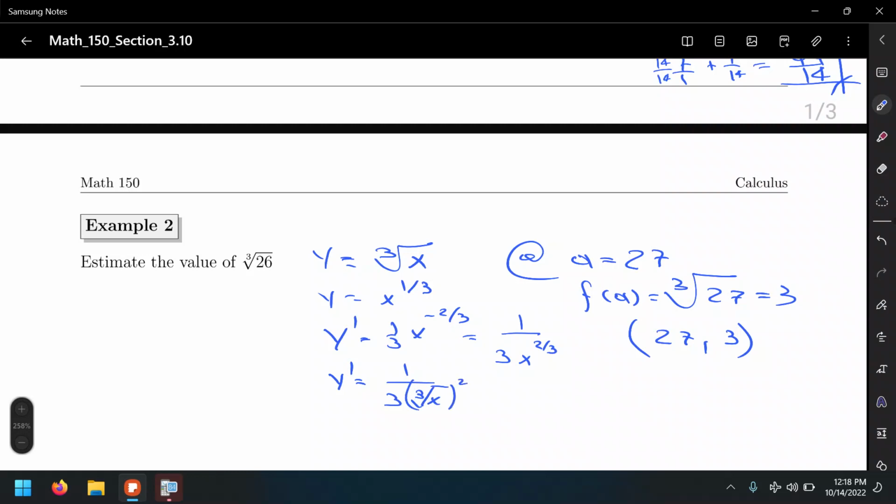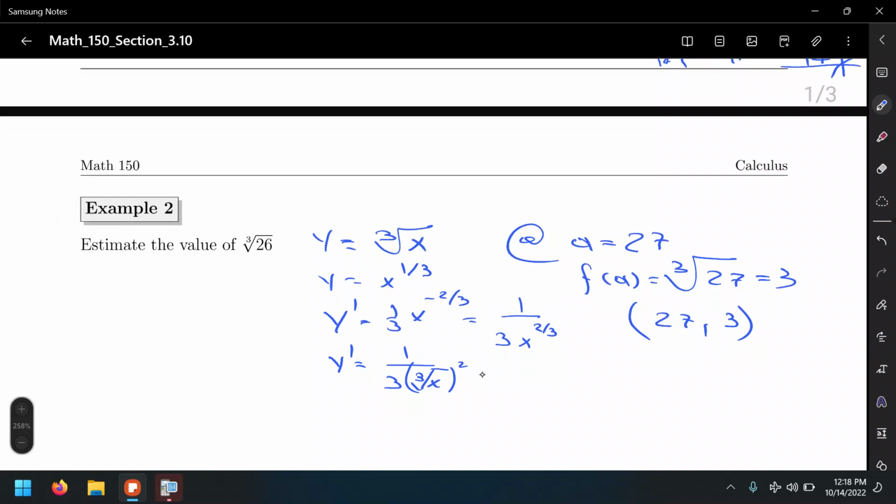I'm going to leave it like this, not the other version where we have the square power inside, because it turns out that for x equals 27, we can find the exact cube root and then square it. Otherwise, we would have to play with powers of a number that is not a perfect cube.